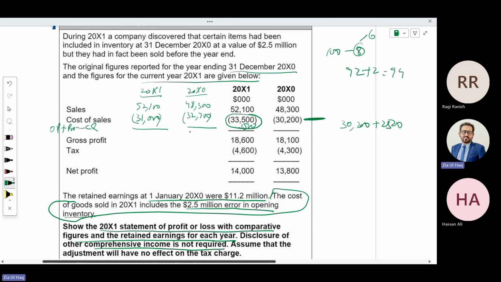For 20X0, 15,600, and for 20X1? Tax will remain the same: 4,300, 4,600. What are the corrected profits?